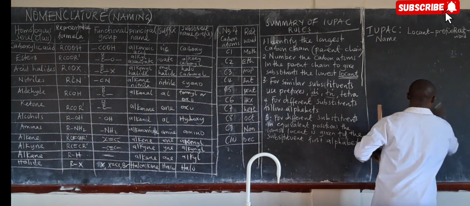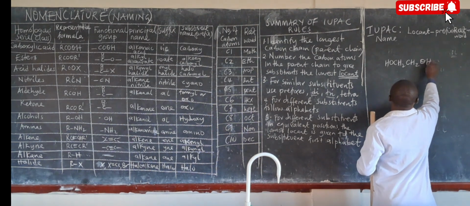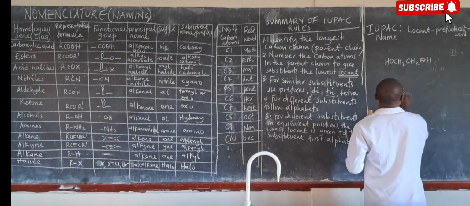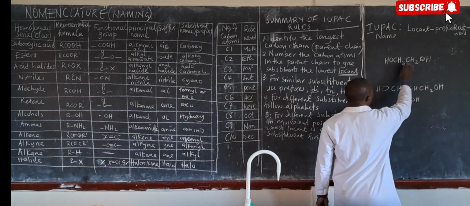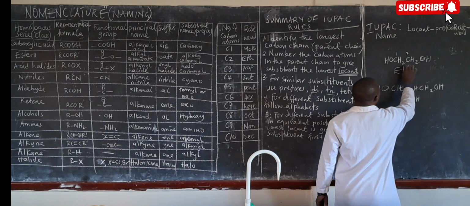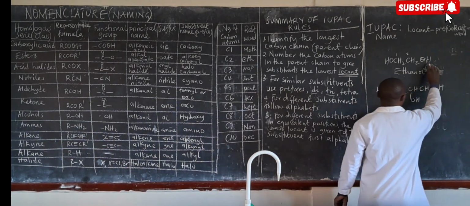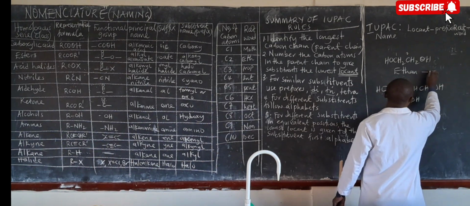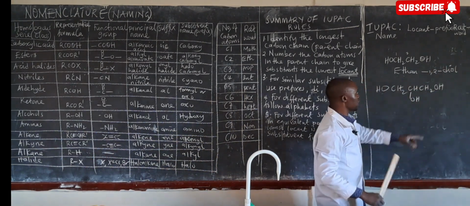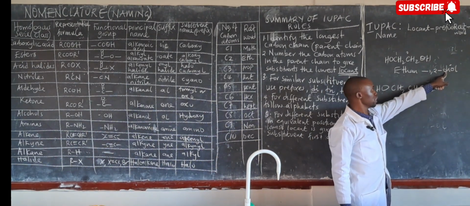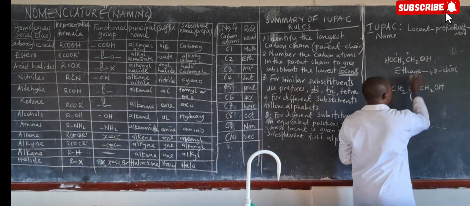Let's have another one here. Then we have also this structure here. Now we see that for this case we have 1 and 2. So this one is ethanol, but because there are 2, we shall prefix positions 1 and 2. Then because there are 2, diol, but IUPAC says that if the next letter is a consonant, not a vowel, then we have to maintain the e here.